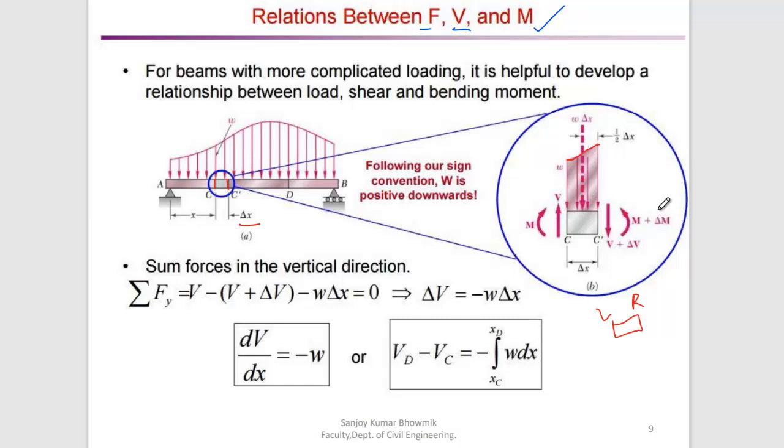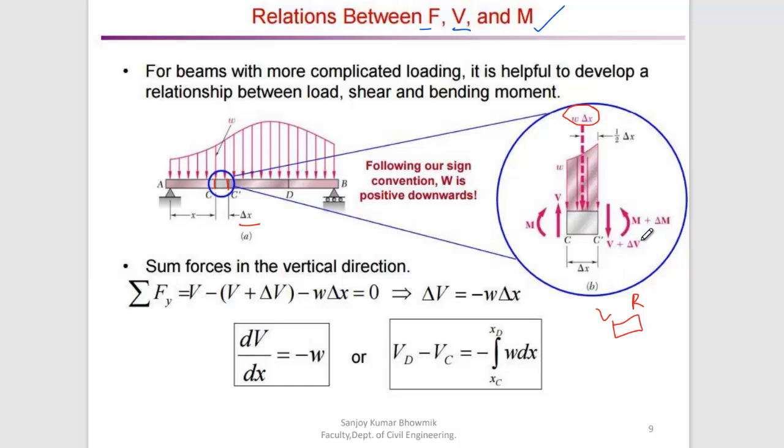You understand? Yes, sir. If this height difference is very small, we can consider it almost rectangular. So we can say load equals W into del x. Do you understand how they considered W into del x? Yes, sir.